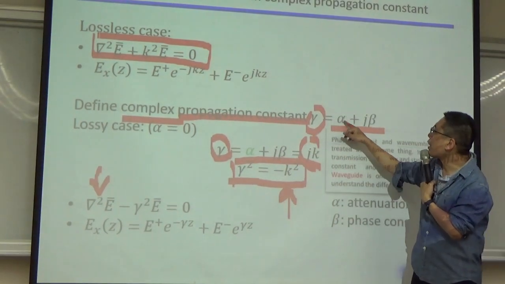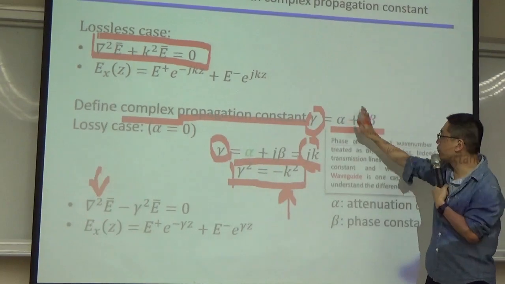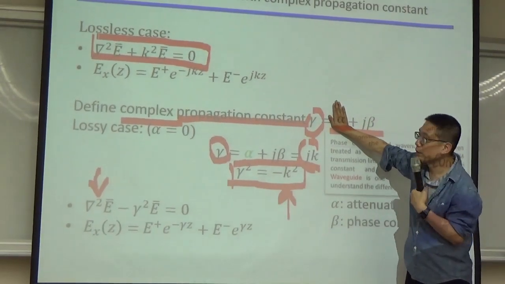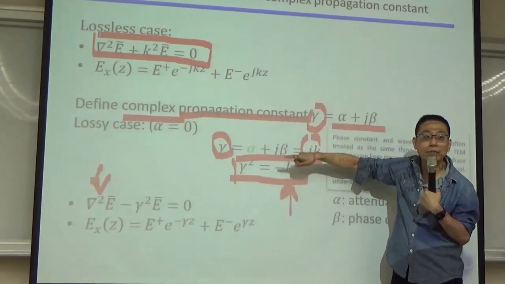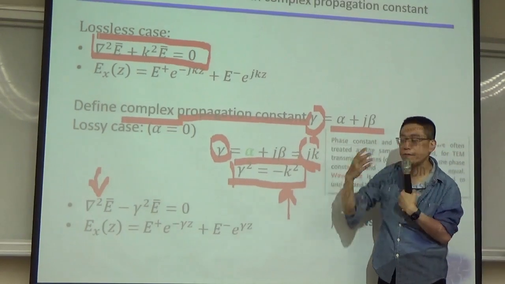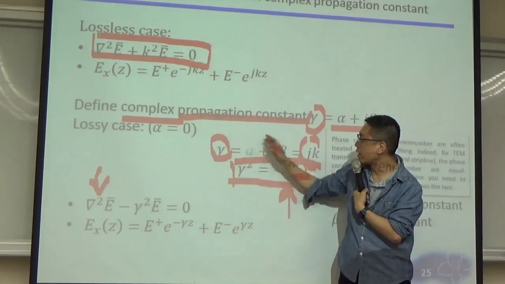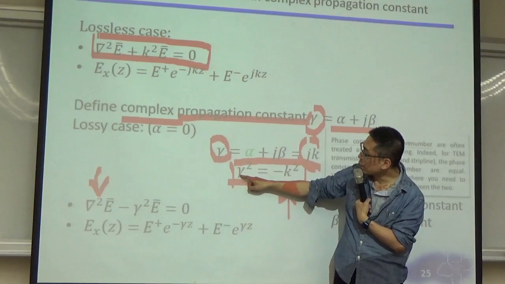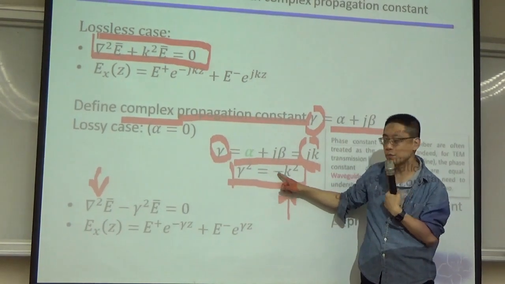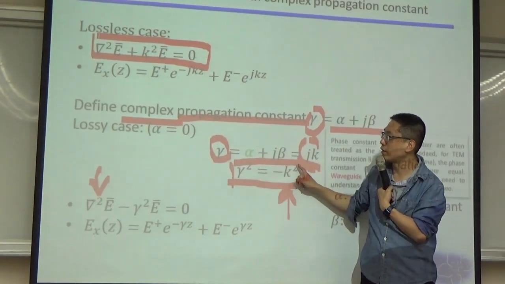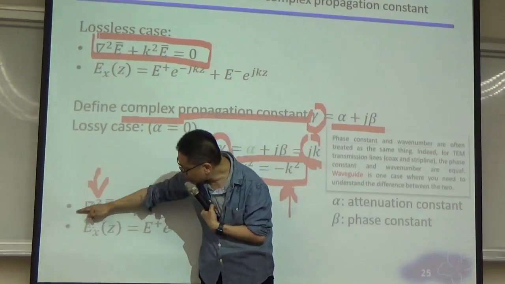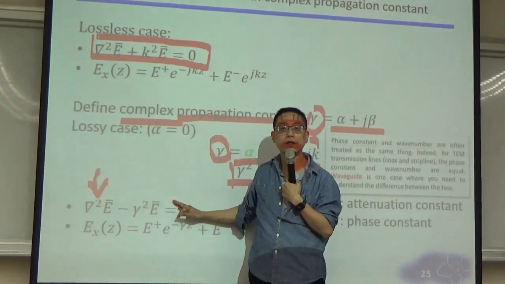Gamma equals alpha plus j beta. If alpha is 0, they are the same, which means gamma squared will equal minus k squared, and you obtain this new equation.